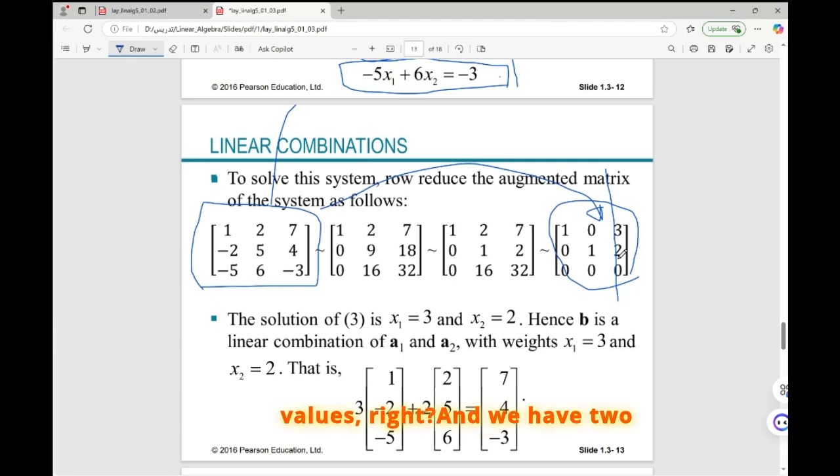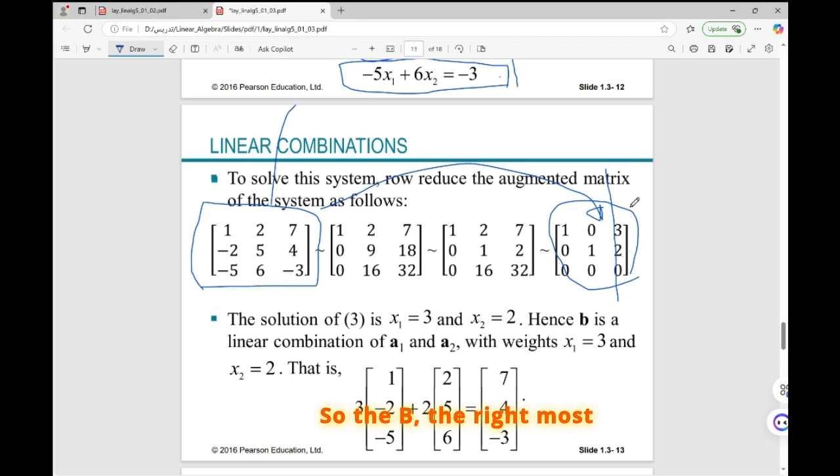And we have two variables, x1 and x2. The column of x1 is pivot and the column of x2 is pivot. So we don't have non-pivot columns. So we don't have free variables. We just have basic variables, right?